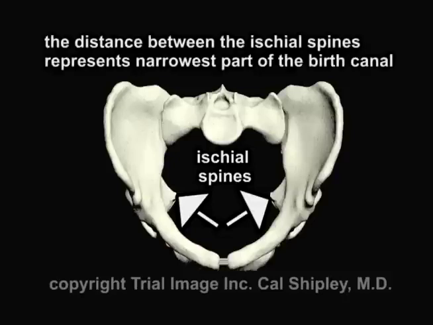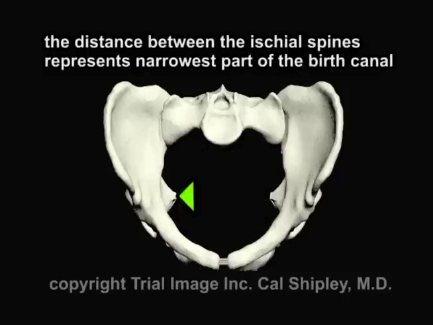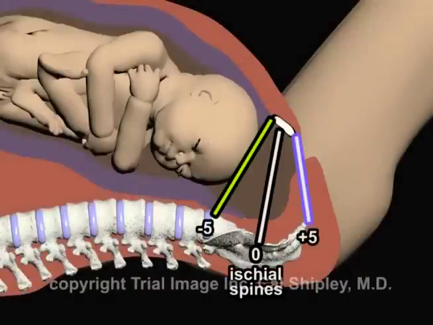The significance of the ischial spines is that they represent the narrowest part of the birth canal, and therefore the most difficult portion of the canal for the fetal head and shoulders to traverse. The ischial spines are assigned a fetal station value of 0.